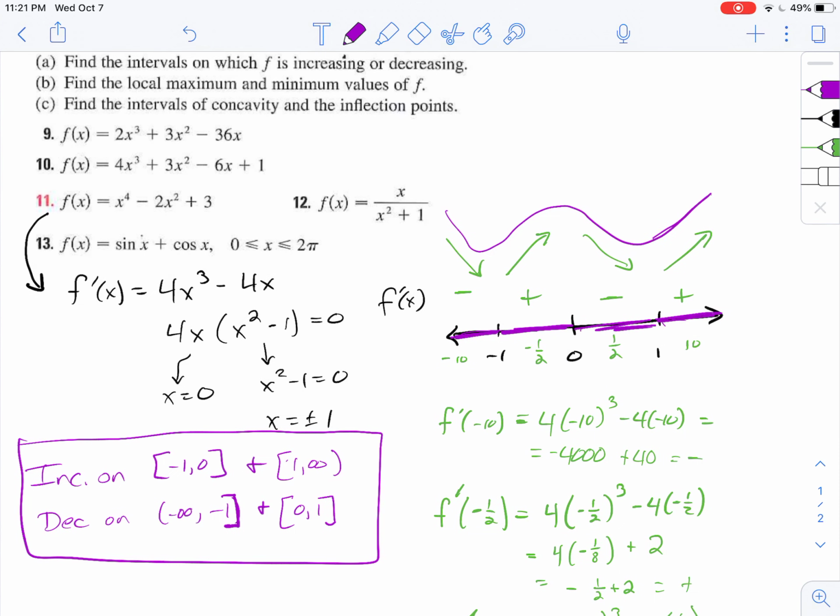Part B says find the local maximum and minimum values. You can look at the graph over here. We've got a minimum here, a maximum here, and a minimum there.